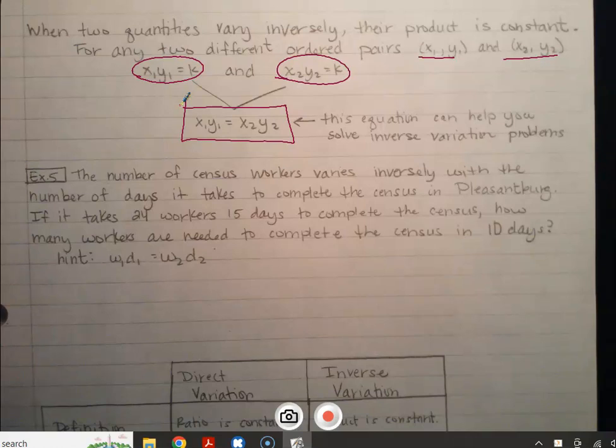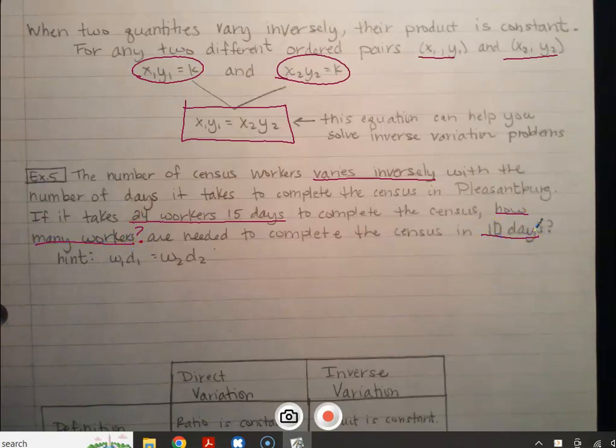So let's look at example 5. The number of census workers varies inversely, okay, these are keywords, with the number of days it takes to complete the census in Pleasantburg. If it takes 24 workers 15 days to complete the census, how many workers, okay, so there's our question, how many workers are needed to complete the census in 10 days?